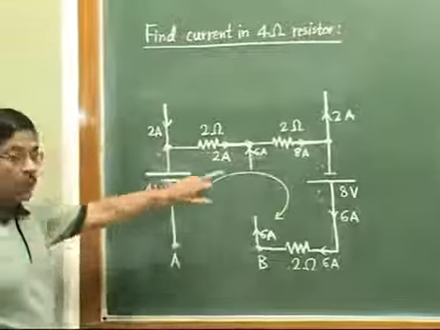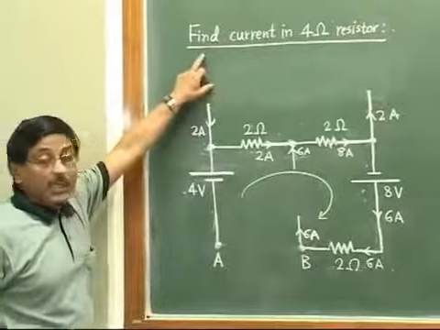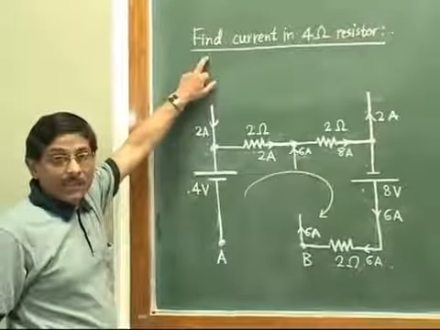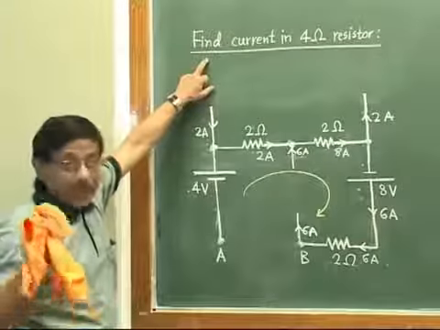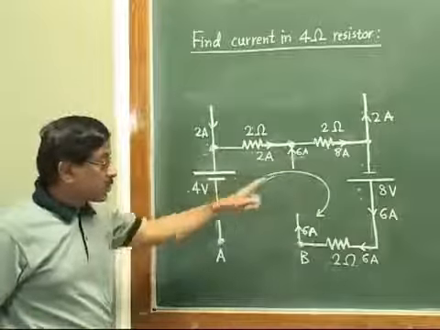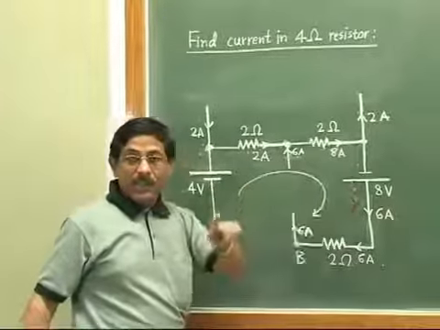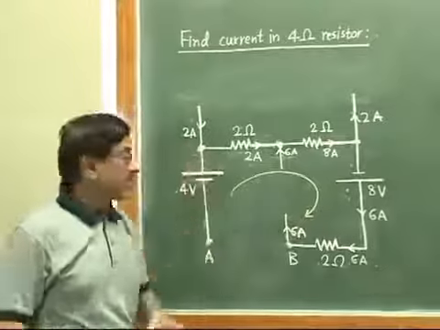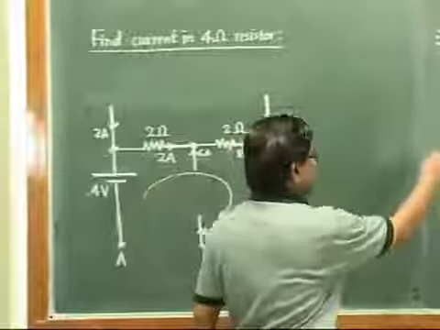You will find that there are two batteries. Again, nothing is mentioned about their internal resistances. So for getting a passive circuit, we must replace both these batteries with a simple short circuit. So the circuit will be like this.